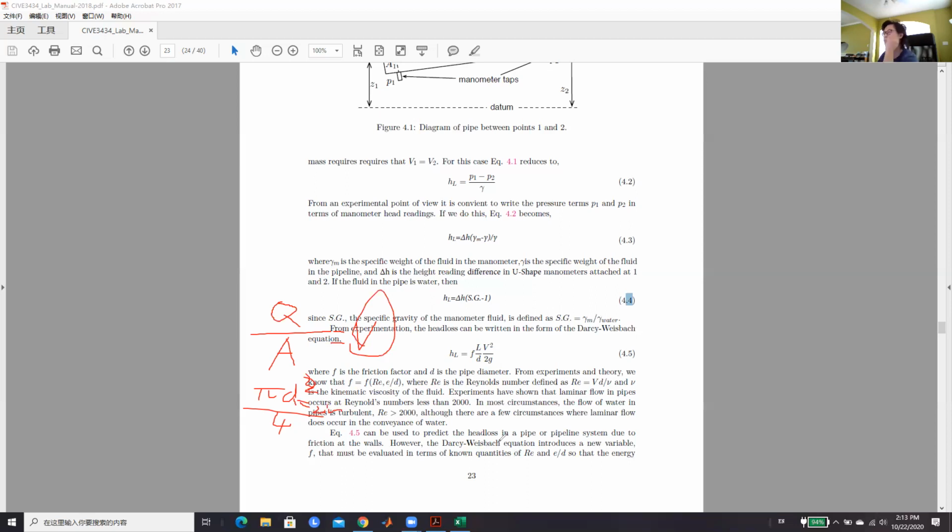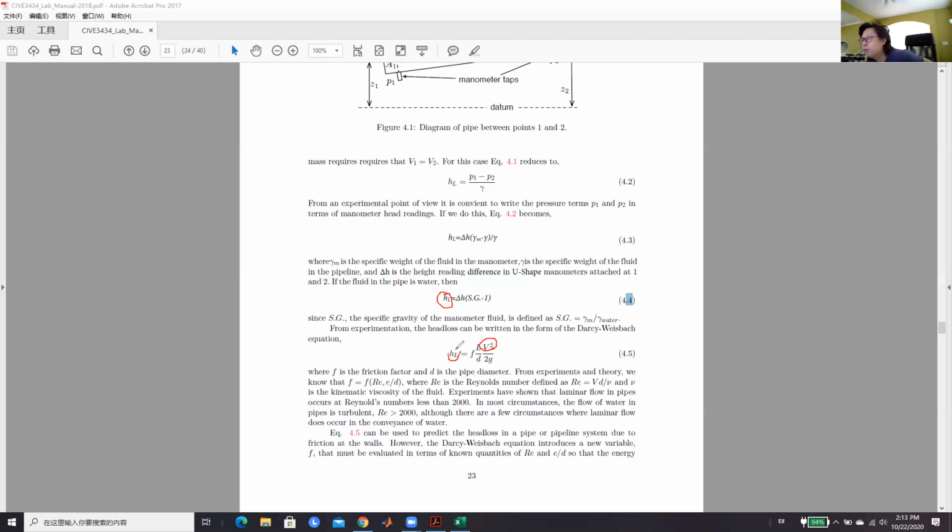you will get your V. Okay, that's pretty straightforward. So we know the HL, okay, by using the data from the manometer. We can calculate the V by using the data of the weighing tank.